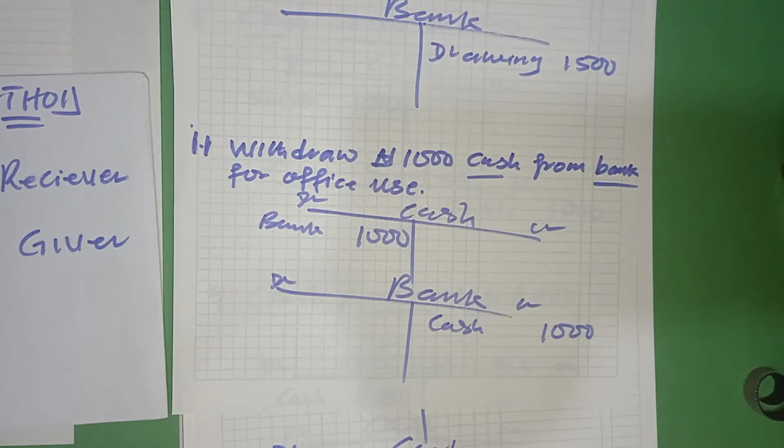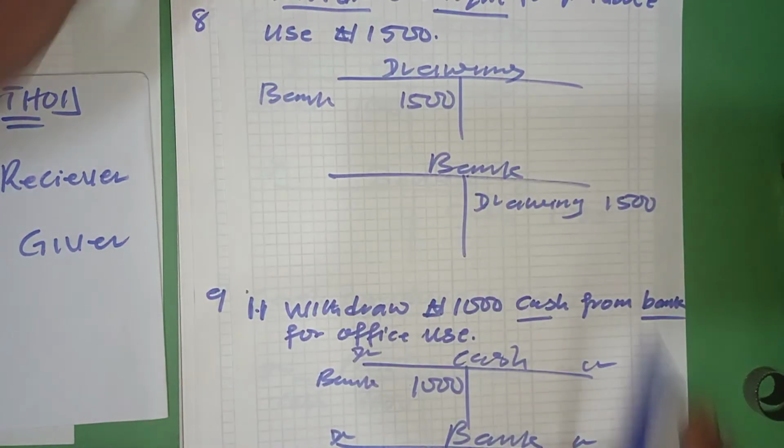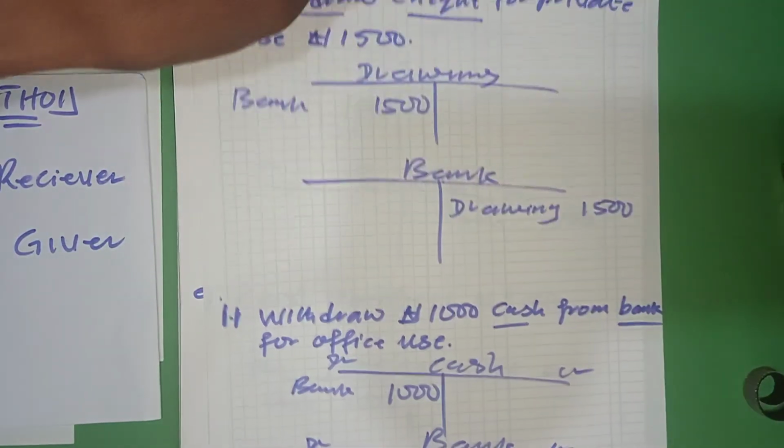Then you decide to withdraw money from the bank. Now the cash at hand has increased. That is why you are debiting cash. And the money in the bank has reduced. That is where we are crediting our bank. Hope that is clear.